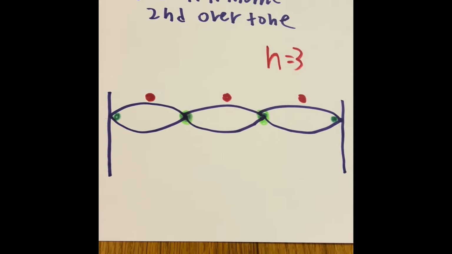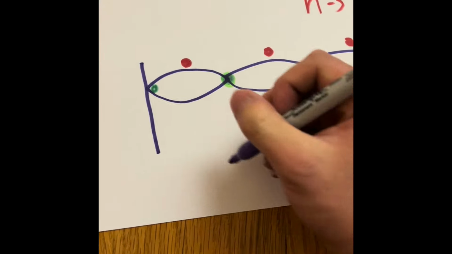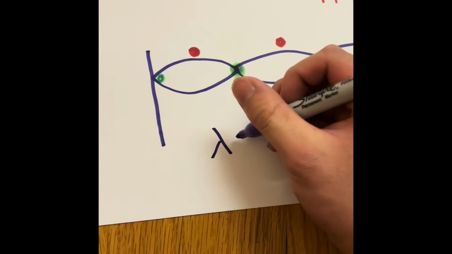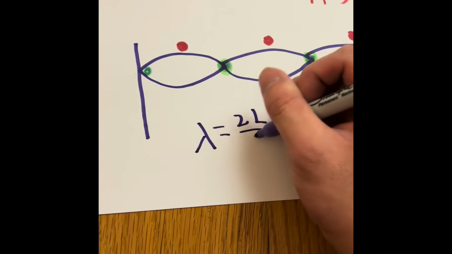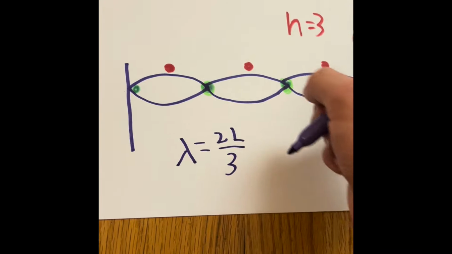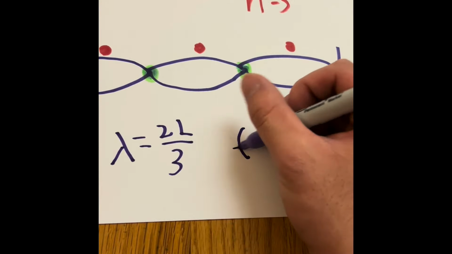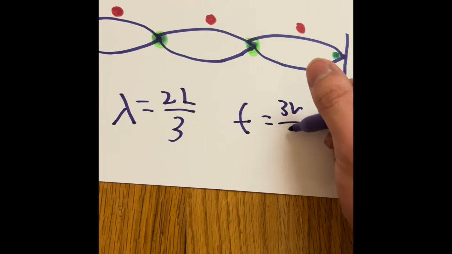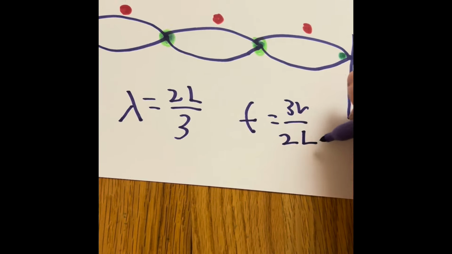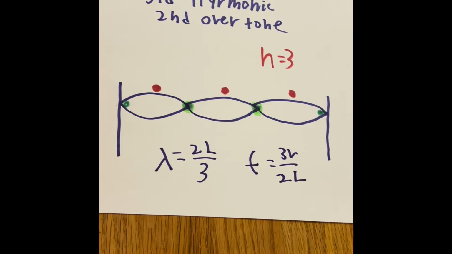If you were to put this into a formula, you would have the wavelength equals 2 times L, or length, divided by 3, because of the number of antinodes. And if you were to calculate the frequency, that would equal 3V divided by 2L. So that is for this one.